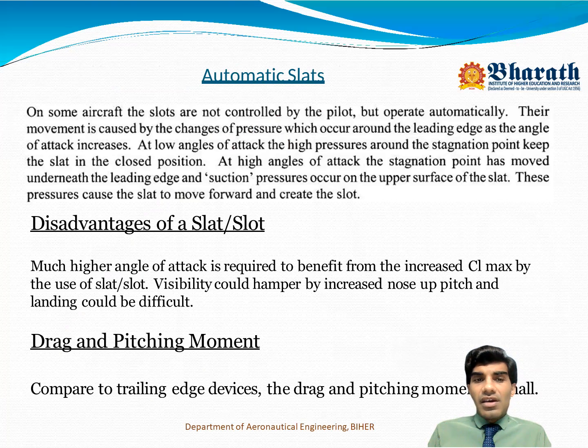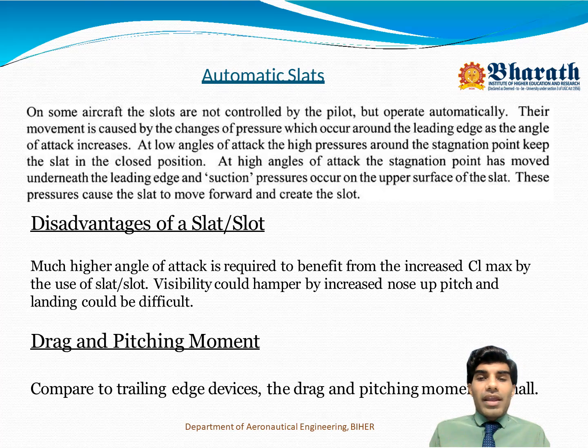As we can see here, on some aircraft the slots are not controlled by the pilot but operate automatically. Their movement is caused by the change of pressure, as I told you, which occurs around the leading edge as the angle of attack increases.